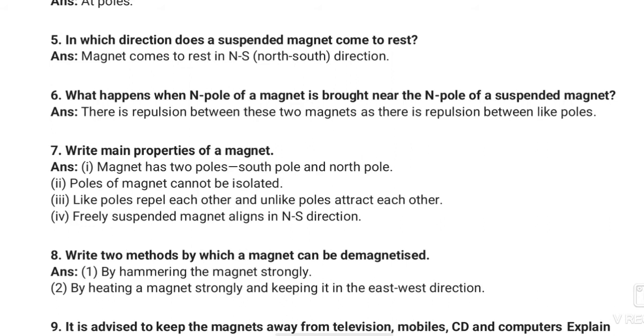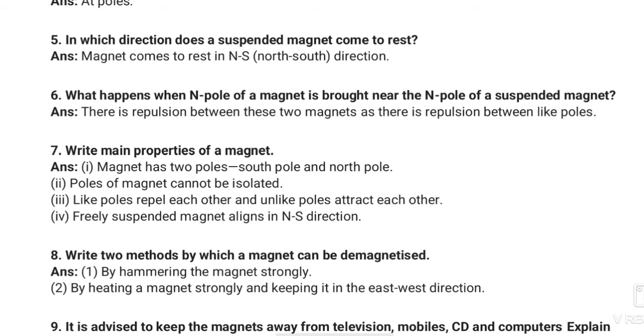So here we take the north pole of another magnet to the north pole of the suspended magnet. After this we can see repulsion. So there is repulsion between those two magnets, as there is repulsion between like poles.